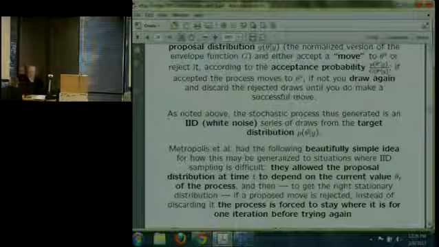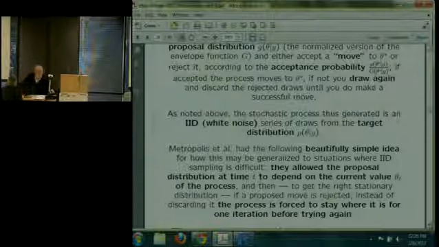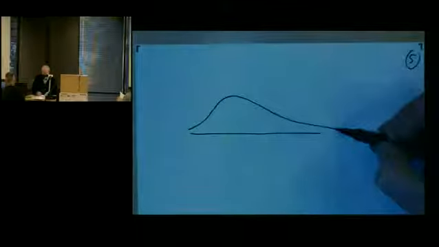So, here's how it goes. Here's my target. Maybe it has one of these long right-hand tail shapes we've been talking about.